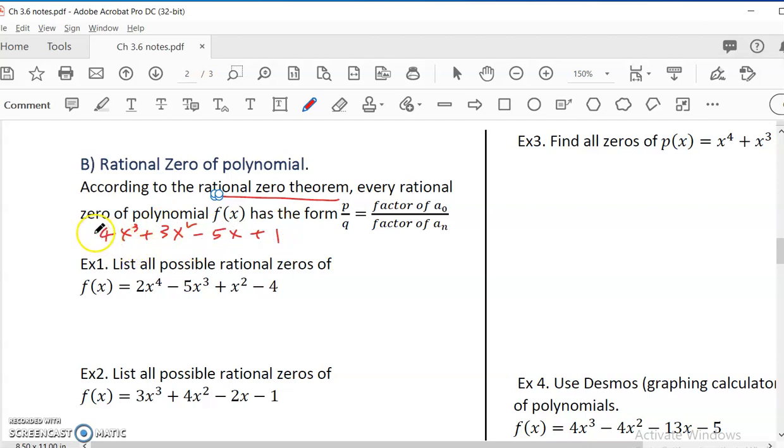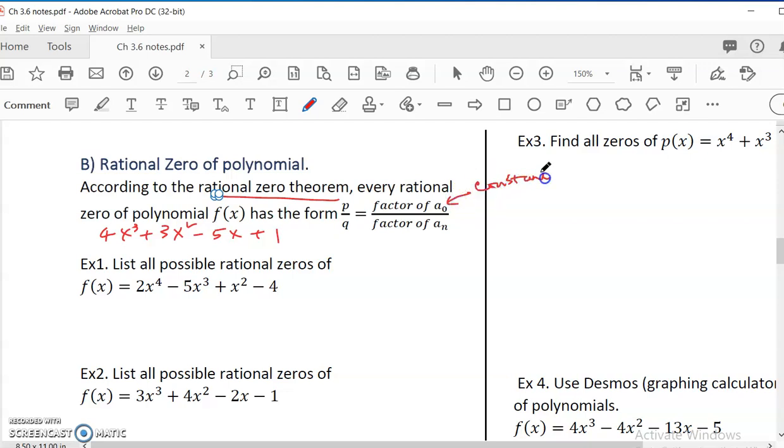That's called integer coefficients. Then your rational zero, if it exists, sometimes it may not exist, would have the form of P over Q, where P is a factor of a0 and Q is a factor of an. That means the factor on the top would be a factor of the last term, the constant term.